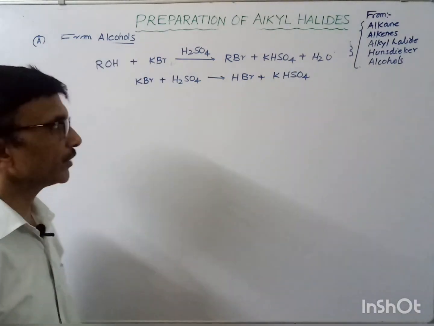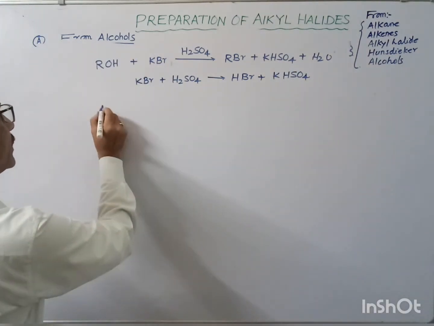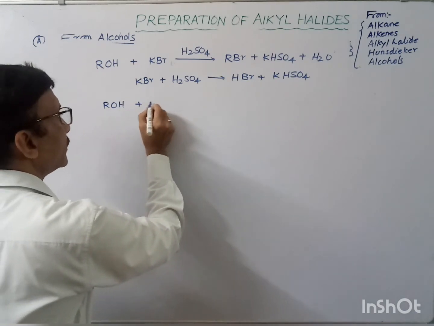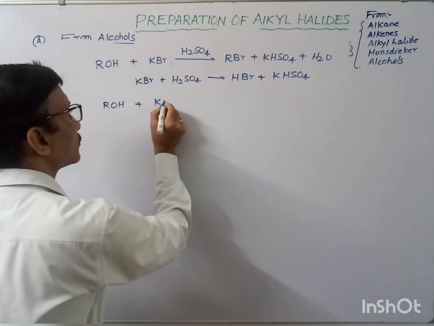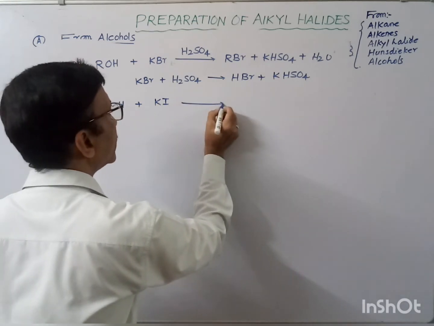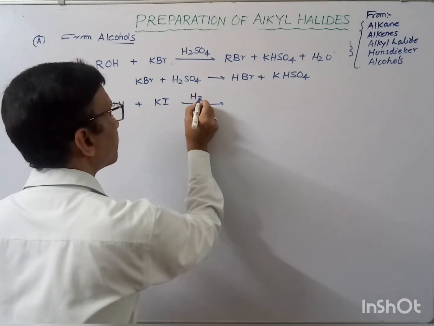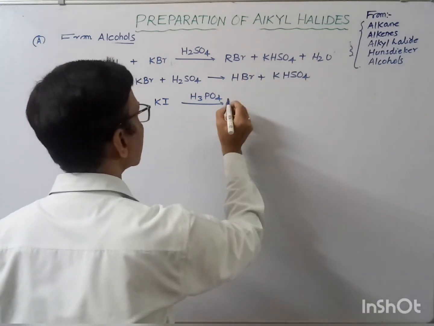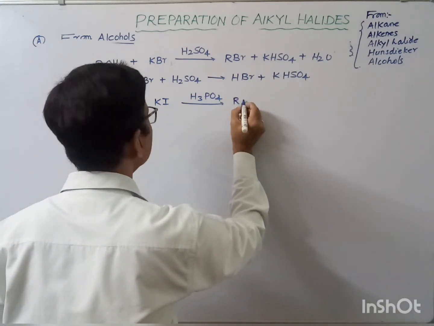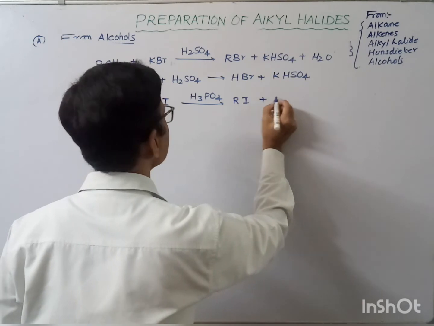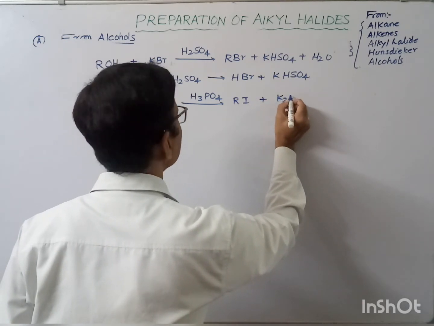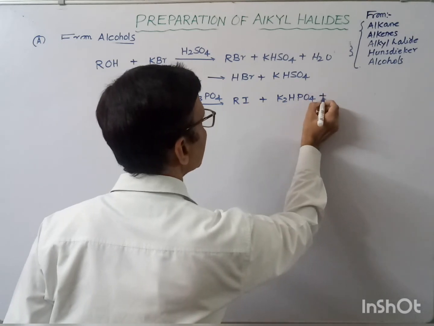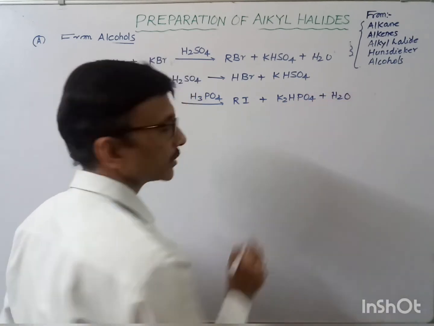potassium hydrogen sulfate. Okay. In the same way, this alcohol may also react in presence of potassium iodide and phosphoric acid. It also gives the alkyl halide. It gives alkyl iodide plus, this would be the reaction.